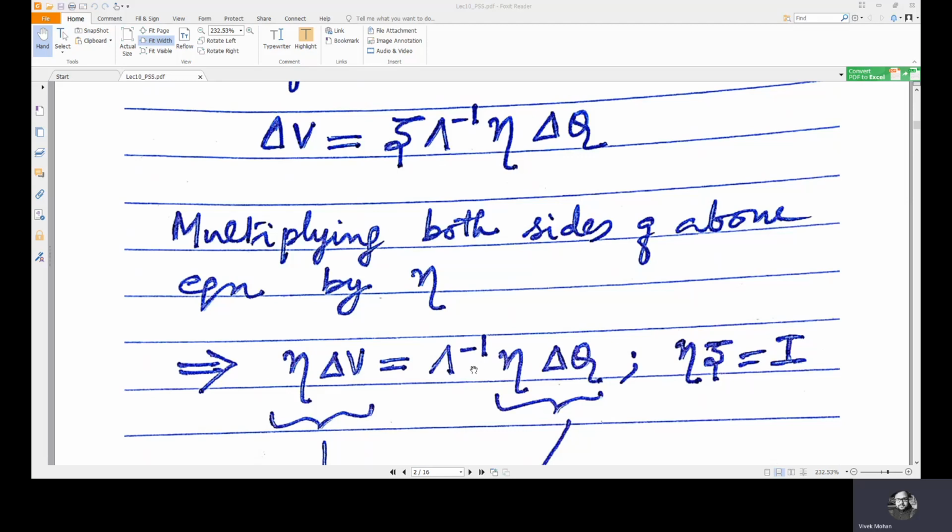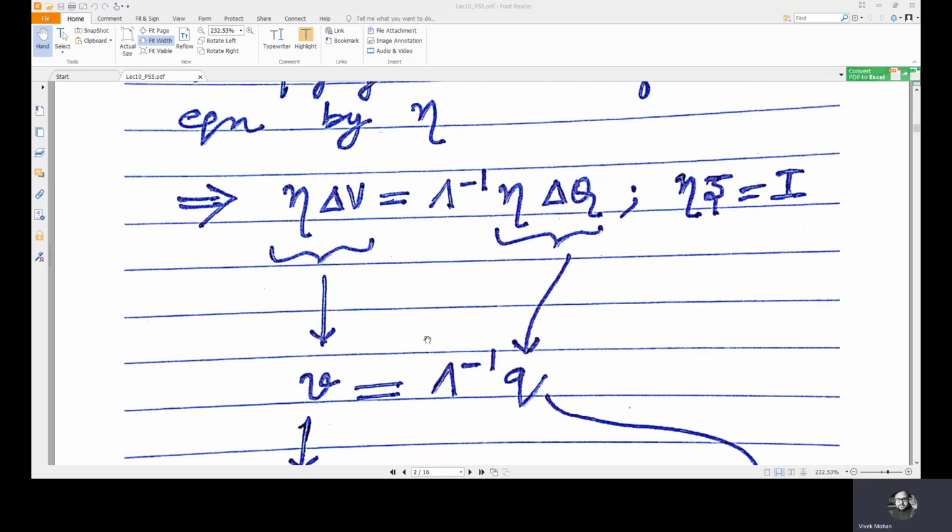Instead, we start with lambda inverse, because this is the identity matrix. The remaining terms are lambda inverse into eta into delta Q. The identity matrix is gone. So once again, eta delta V equals lambda inverse into eta into delta Q.